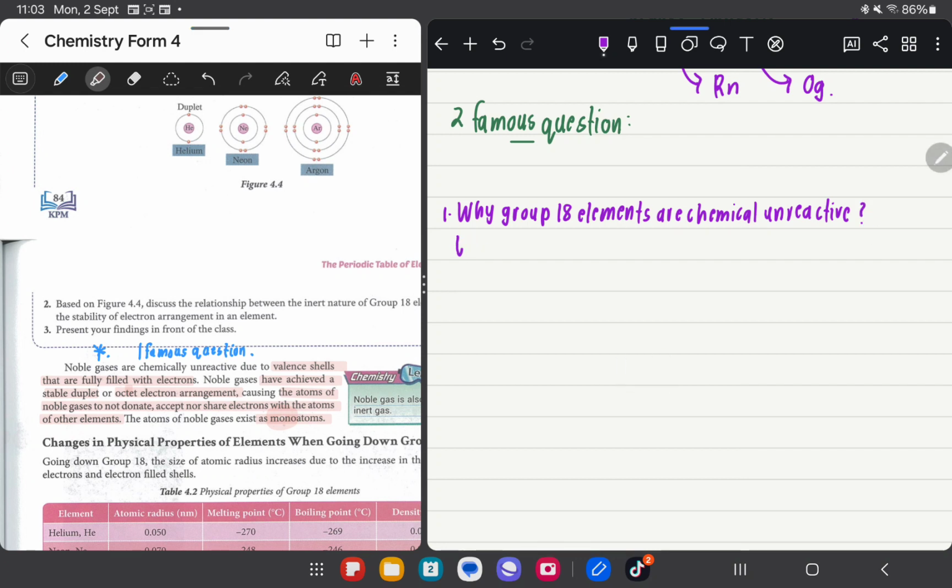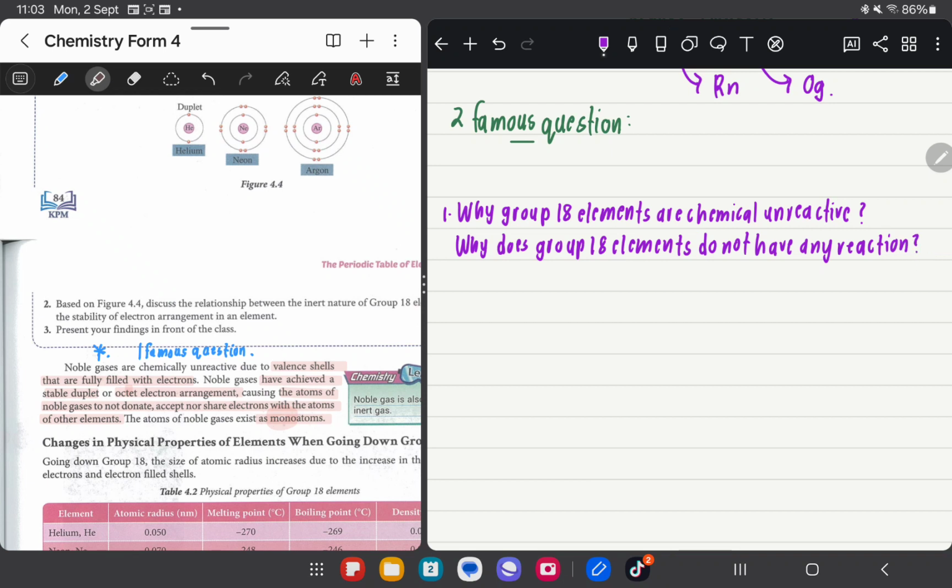Okay, it's fine, I'll write it. Why do group 18 elements not have any reaction? This is just the same thing, but they change it a little. They will ask why it is unreactive or why it does not have any reaction.